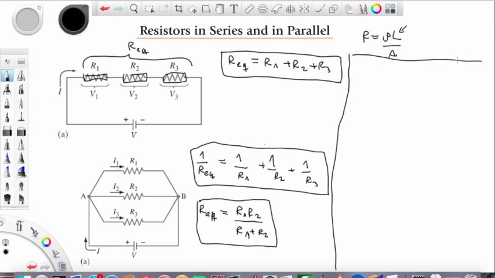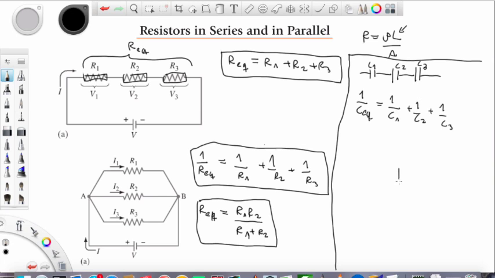You might remember earlier when we were talking about capacitors. If we had capacitors in series, C1, C2, and C3, then the equivalent capacitance was found from this relationship: 1 over C equivalent is 1 over C1 plus 1 over C2 plus 1 over C3.